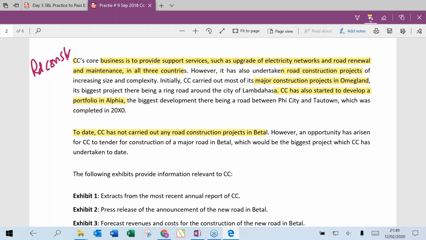However, an opportunity has arisen for CC to tender for construction of a major road in Beetle, which would be the biggest project which CC has undertaken to date. No Beetle so far, and it could be the biggest project if we get the tender in Beetle.